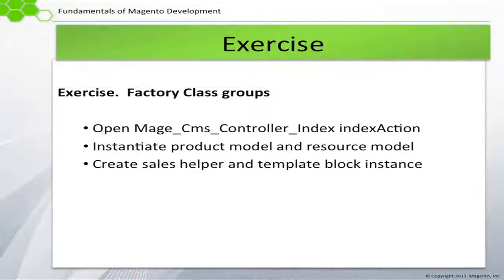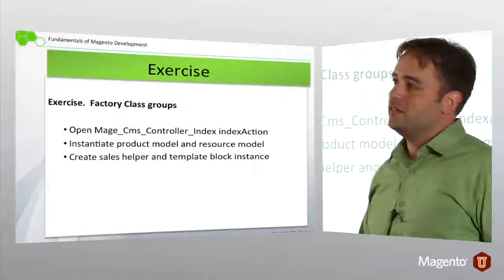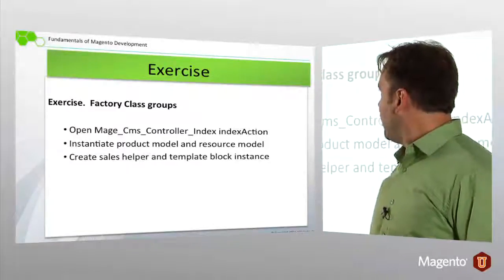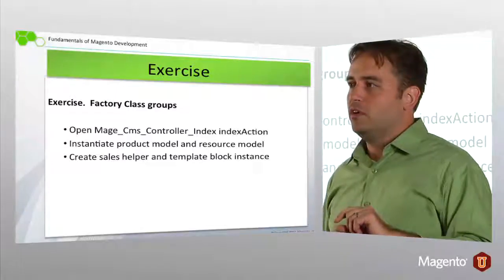Once again, let us open up the Mage CMS index controller, instantiate a product model and resource model, and create a sales helper and a template block instance. We're going to play with all of the different types here. We're not actually going to deal with that configuration stuff yet, but we're going to look at the factory methods that are involved.